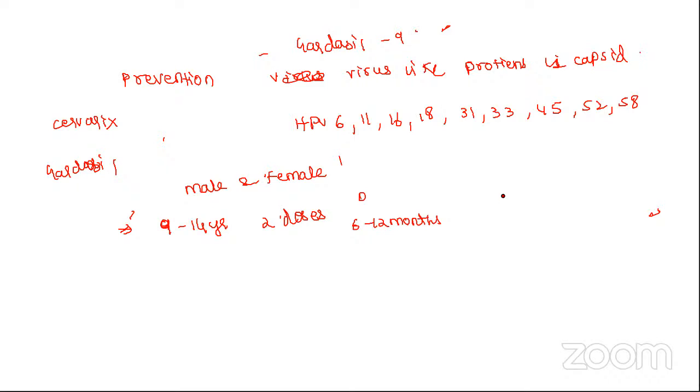It's an IM injection in the deltoid. And when you're giving it to those above 14 years to 26 years, it is 3 doses, at 0, 1 to 2 months, and 6 months.